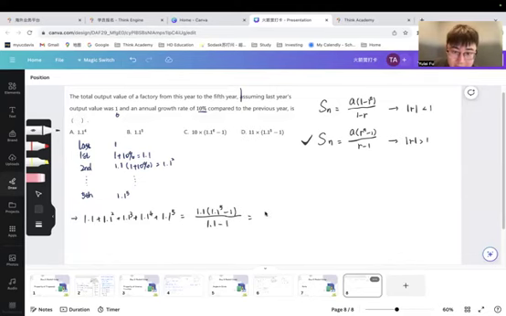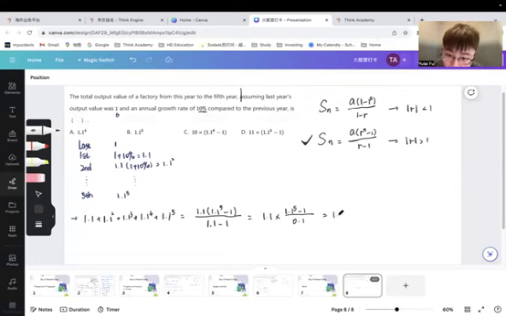So this gave us 1.1 times, oh, this line is not really straight. Yes, we have 1.1 to the power of 5 minus 1 over 0.1. Some number divided by 0.1 means this number times 10.